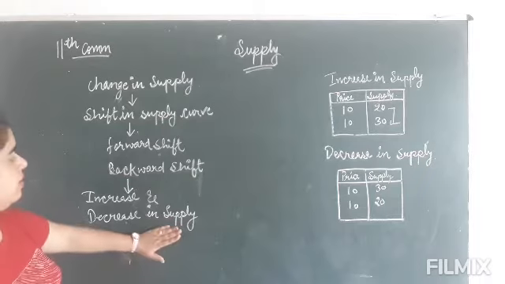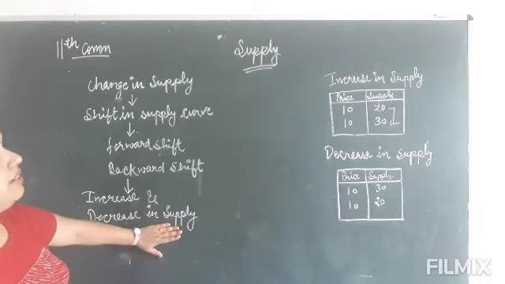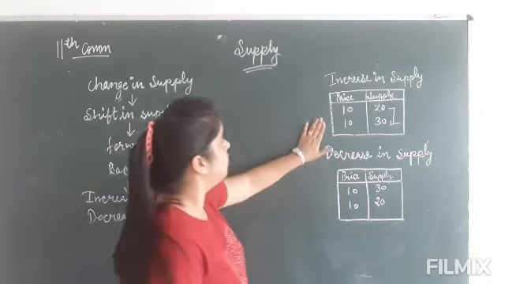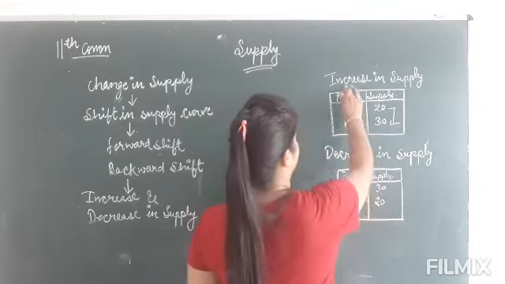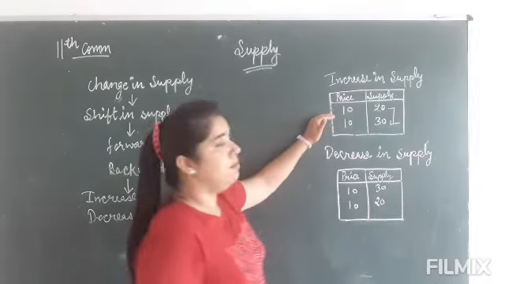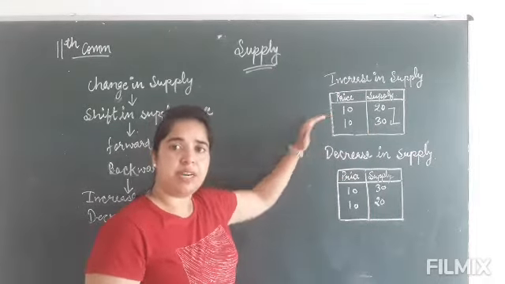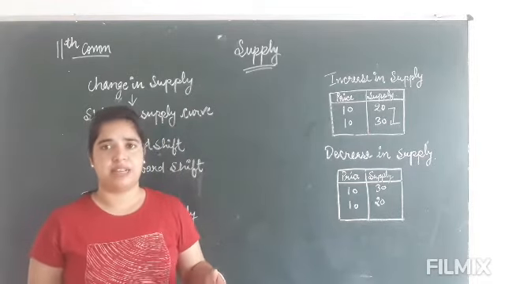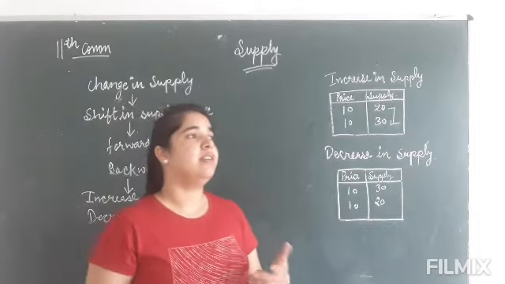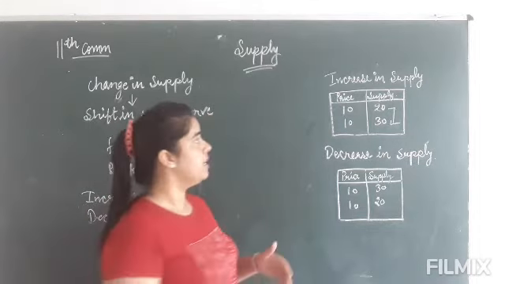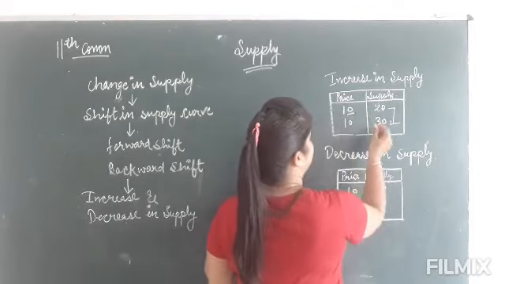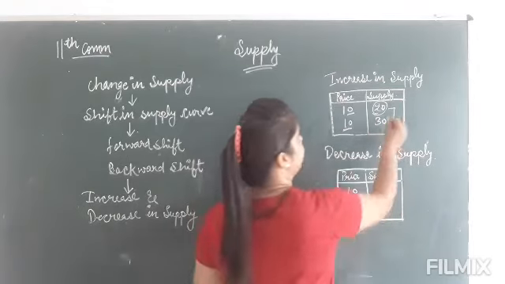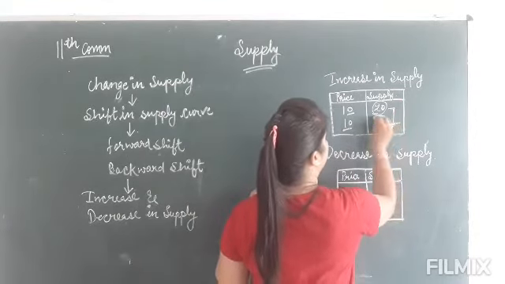We can also see this change of increase and decrease with the help of tables, and here I draw the tables of increase and decrease. Supply will be increased not because of the price, but with the help of other factors. For example, if price is 10, supply was 20 and price is still 10 but supply increased up to 30.